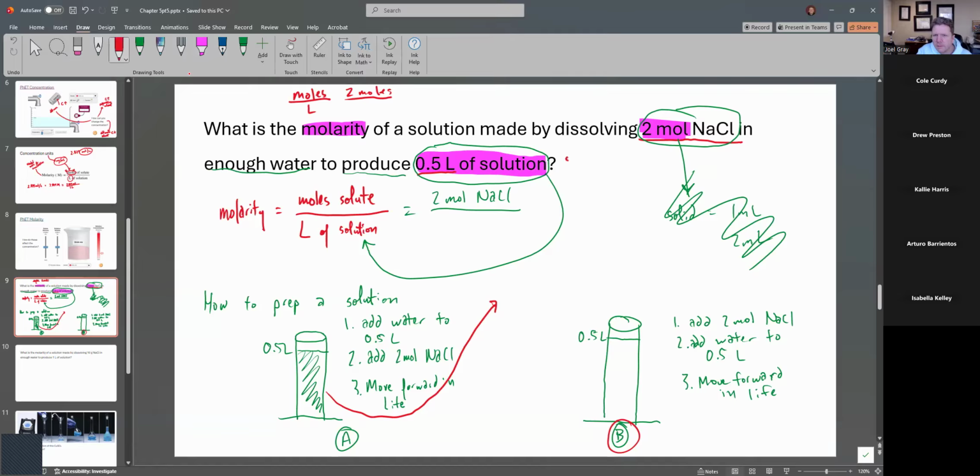That is the same as 500 milliliters. 500 milliliters is not 501. It's not 499. It's not 495. It's not 505. We want exactly 500 milliliters of solution. Now, if we were to go through the process in part A, for step one, add water to 500 milliliters.